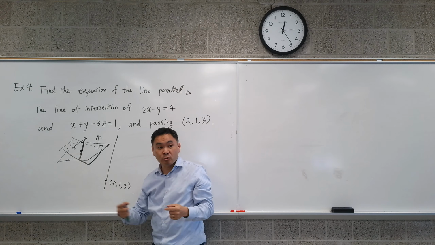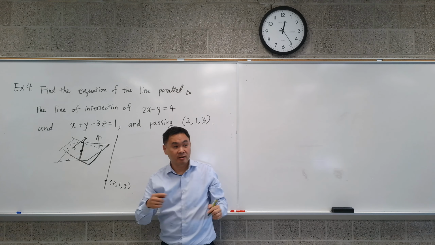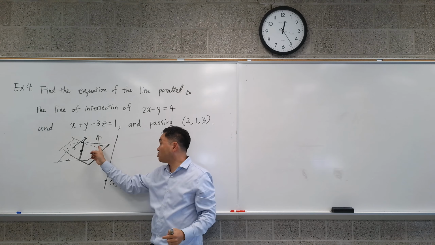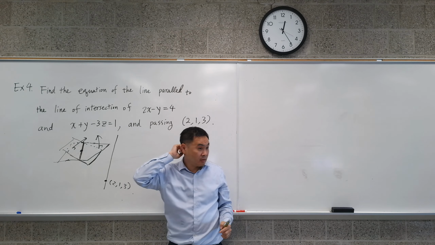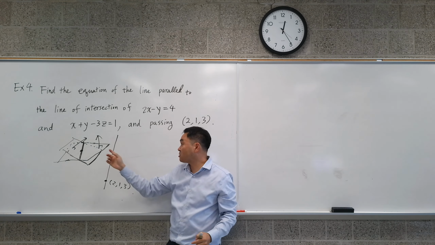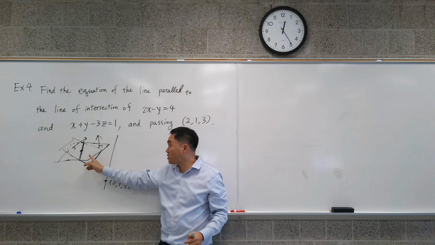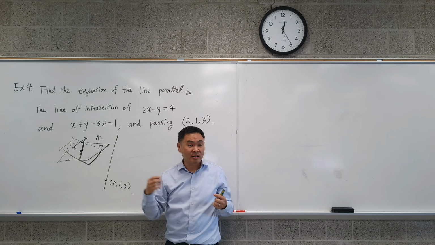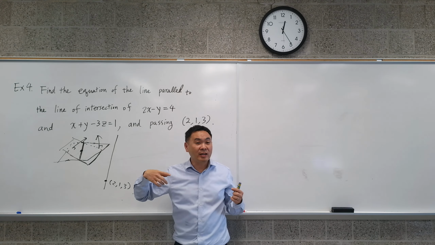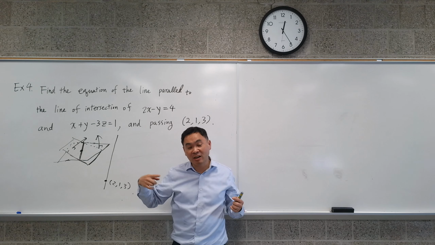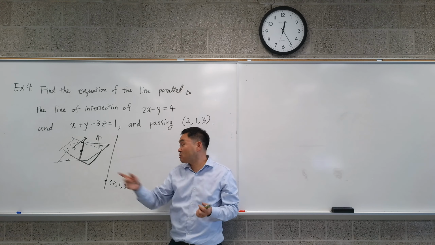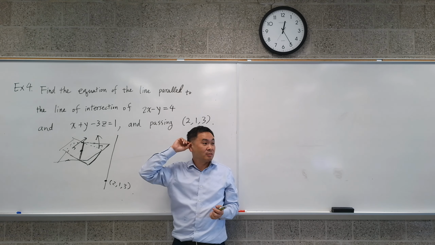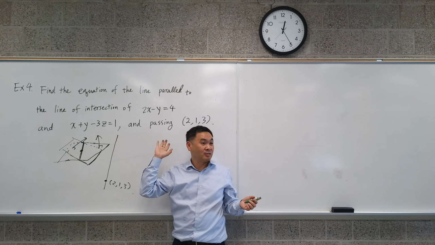The direction of this line is going to be perpendicular to both of these, right? That's because these vectors are perpendicular to each of these planes, and the line is embedded inside the plane. So anything that's straight inside the plane is going to be perpendicular to the normal vector. Agreed?